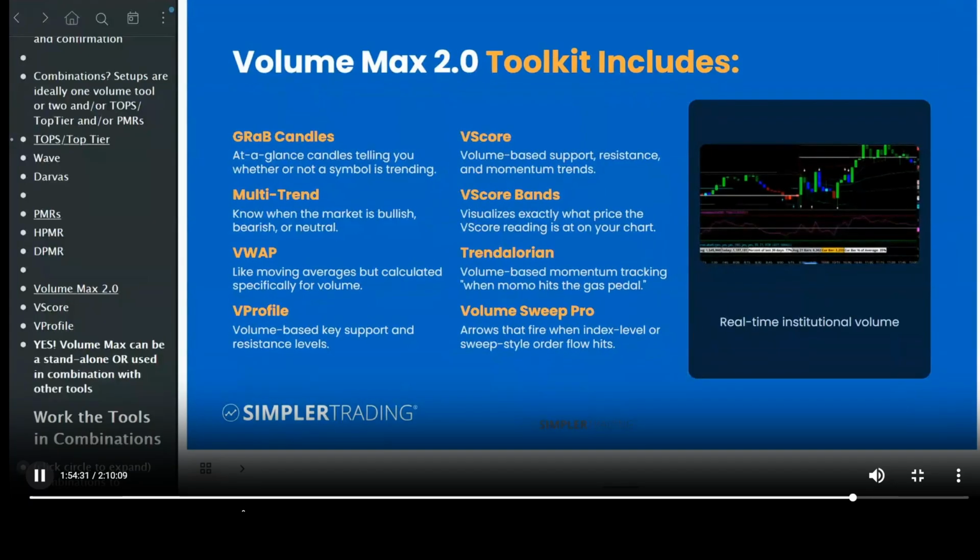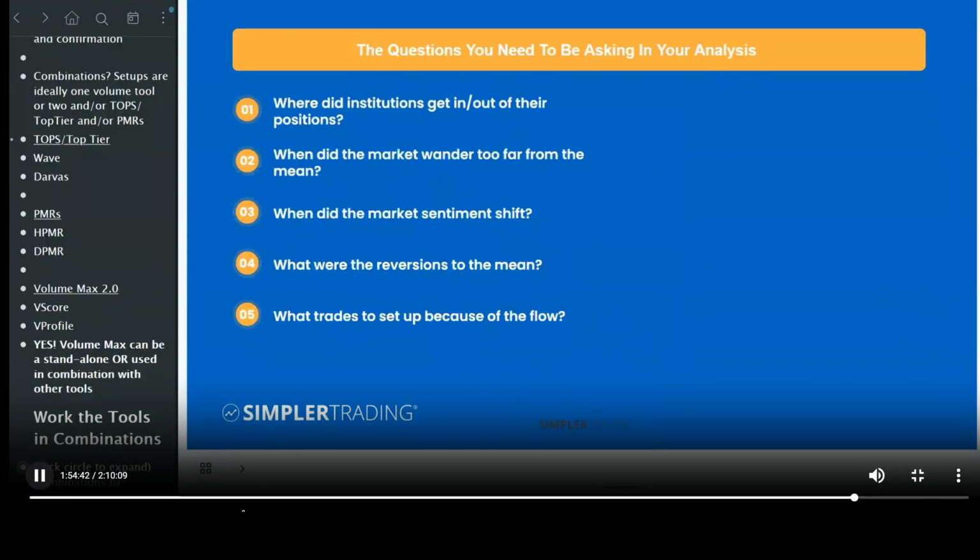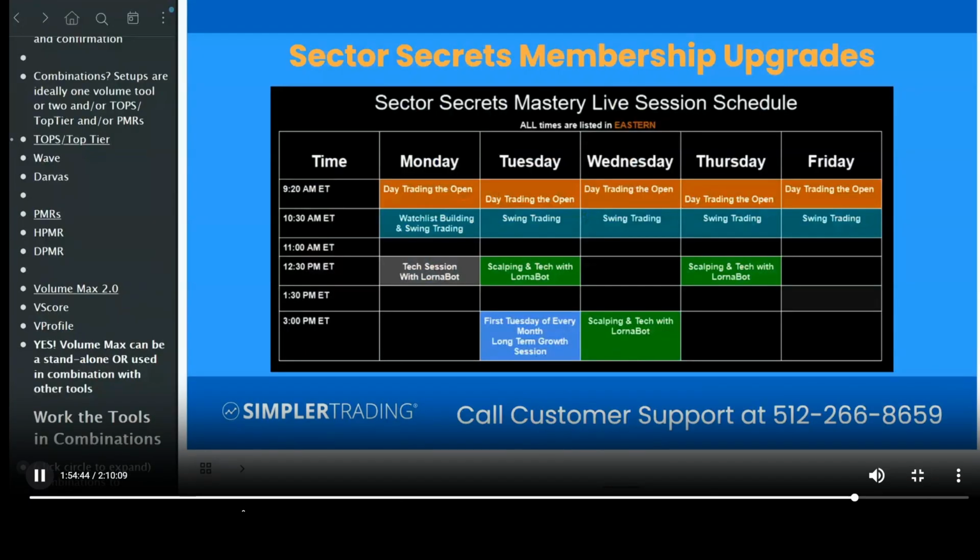So on day one, you can go to the file section and download that. And then this upcoming Monday, Lorna Bot can walk you through, because every Monday we do a tech session, as you can see here from the schedule. At 12:30 Eastern, Lorna does a full hour of tech.